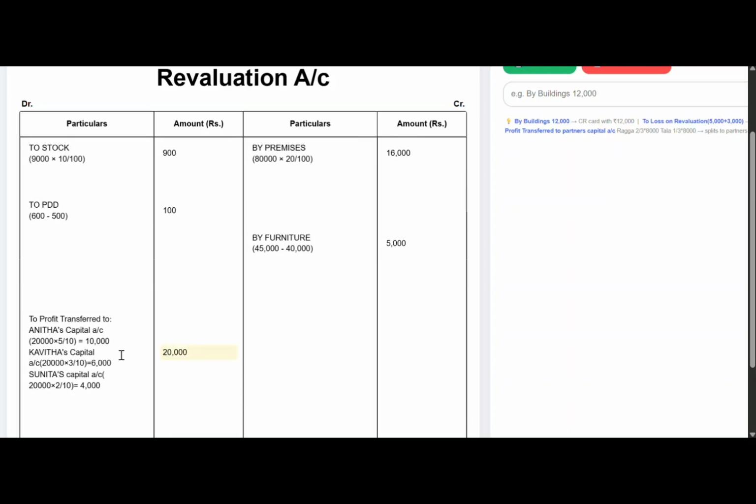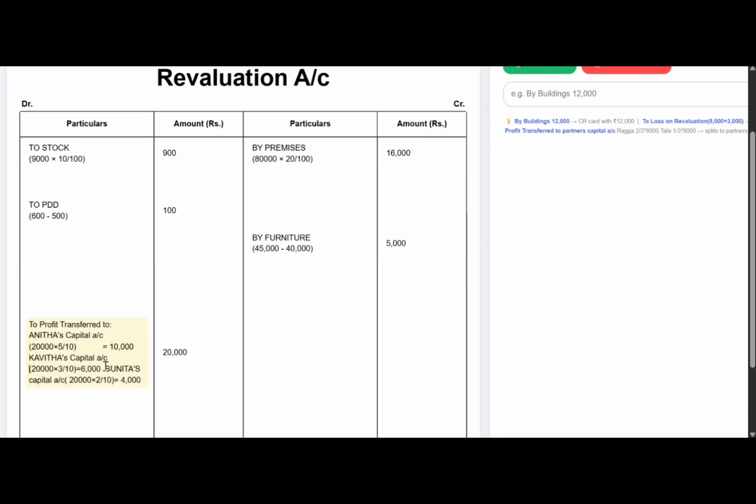Now it will be divided to all the three partners in the old profit sharing ratio. So Anita's capital will be 20,000 into 5 by 10, that is 10,000. Anita will get 10,000 as the share of profit. And Kavita's capital will be rupees 20,000 into 3 by 10.